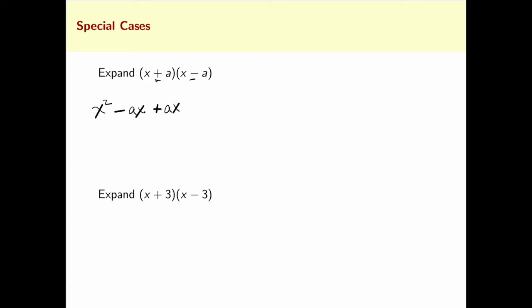And then the last terms gives me minus a squared. Notice that the minus ax and plus ax cancel, and I'm simply left with x squared minus a squared. And I like to call this the difference of two squares. So in this case, you can simply square the first term and subtract the squared second term, and that's how you multiply (x + a) times (x - a).